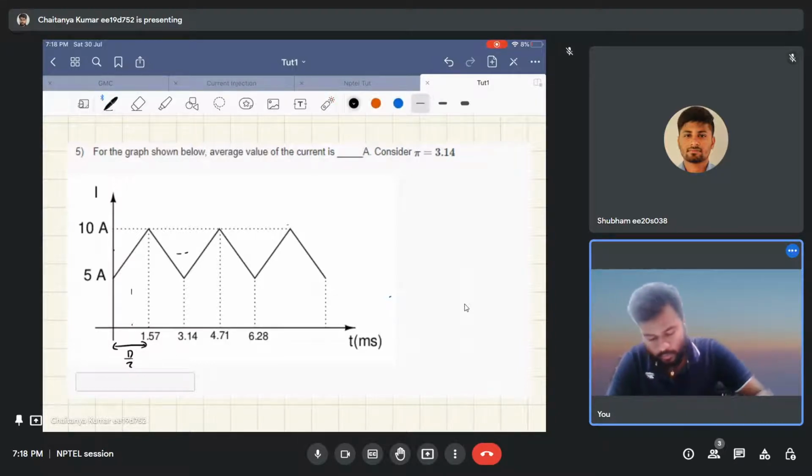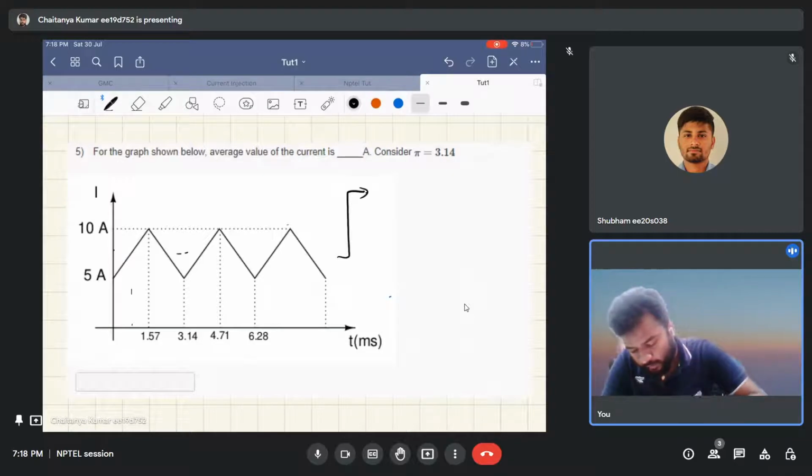So we will solve the question now. In order to find the average current, this particular waveform can be broken down into two parts. You can see over here, this waveform is symmetrical about a line, and that line is the midpoint of 10 ampere and 5 ampere, that is 7.5 ampere.